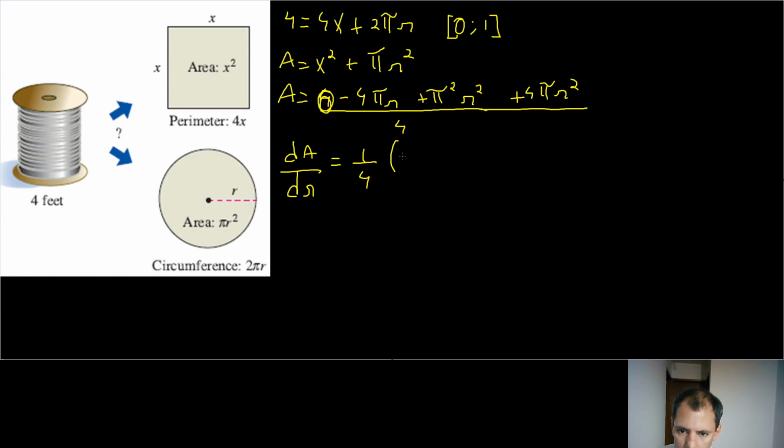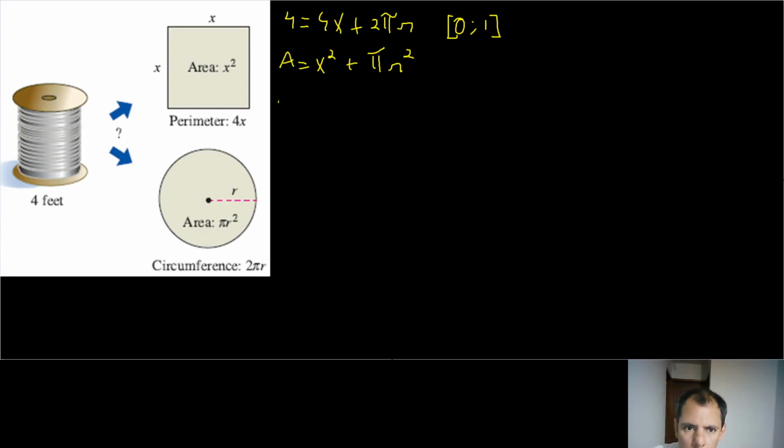You got a minus 4 pi plus 2 pi squared r. Guys, I don't know if this is gonna work. No, this is not gonna work because I have a domain for x. I don't have a domain for r. It'll find the solution if you get into the right domain, but no.